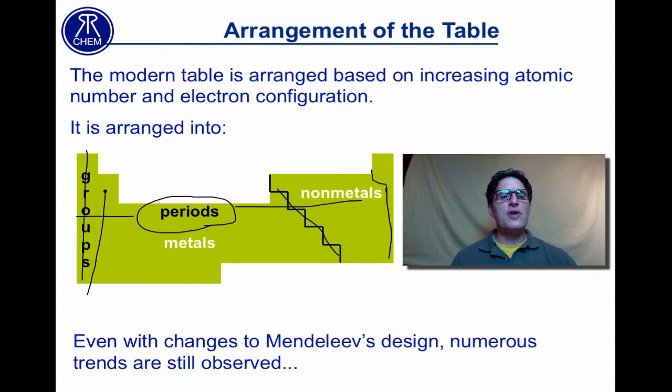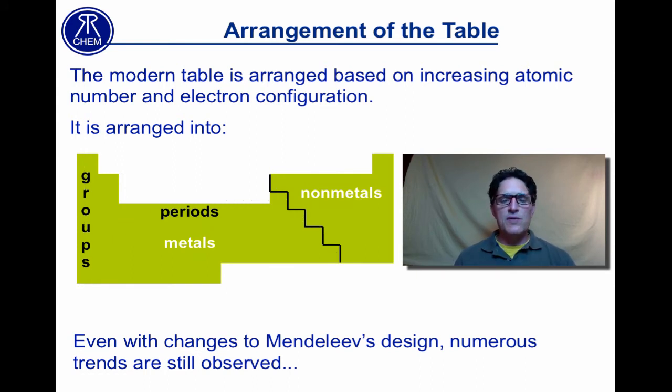Any kind of vertical column is called a group or a family. So groups are vertical, periods are horizontal. Now, this periodic table is not how Mendeleev envisioned it. This is the modern version of the periodic table.